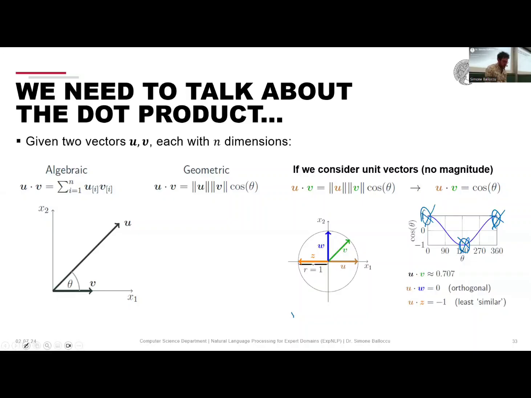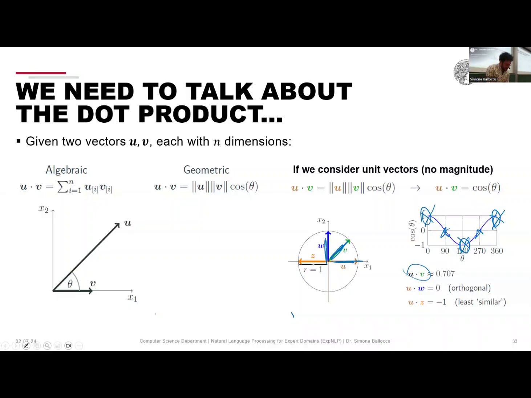So for example, you see that if I get these two vectors, 1 and 2, we get a certain amount of cosine similarity. If I now take W, which is a bit further in terms of angle, we get 0. And in fact, the dot product is 0 when the two vectors are orthogonal, either 90 degrees or 270.